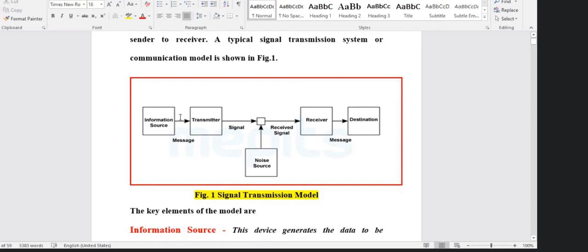So the transmitter is also known as a modulator.